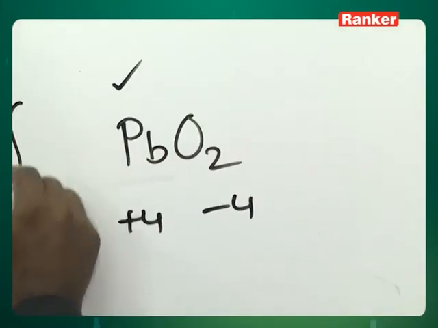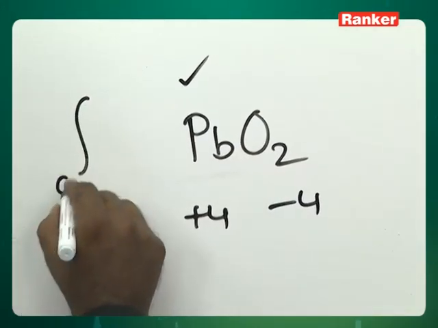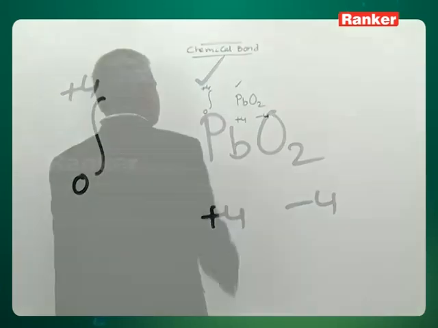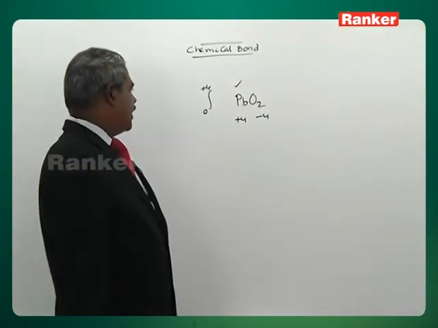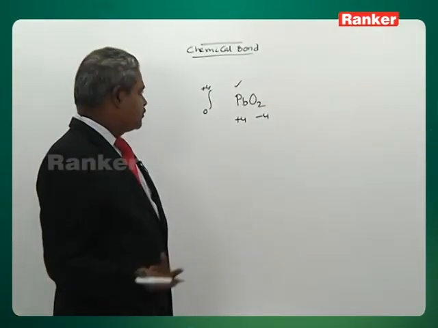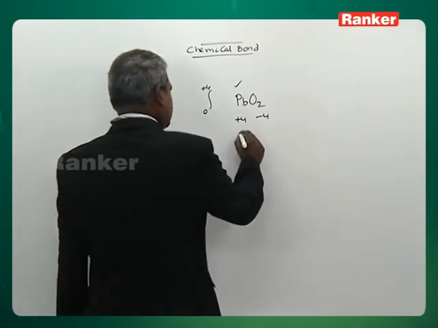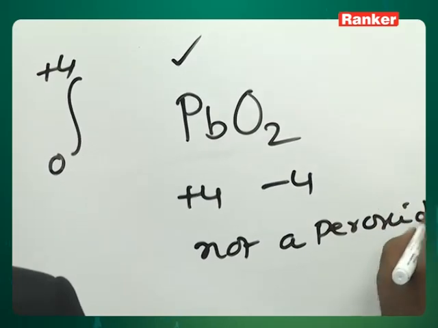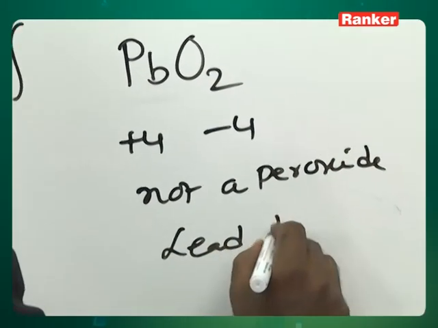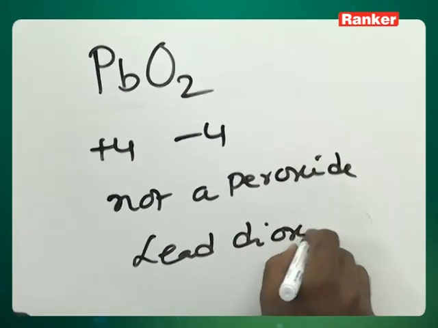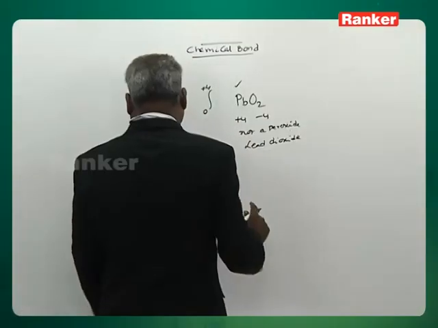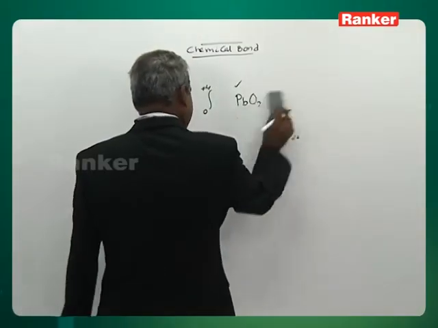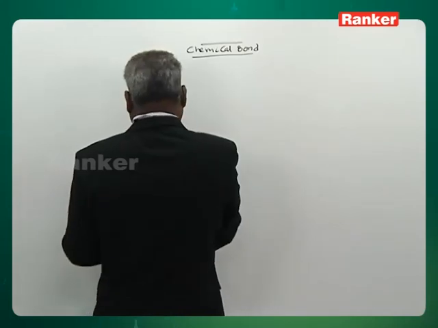Okay, because lead belongs to the fourth group. Lead being a metal, 0 to plus 4 is okay for lead. Therefore, plus 4 is okay. Therefore, once again, not a peroxide. So, what will be the name? Lead dioxide. Like carbon dioxide, lead dioxide, silicon dioxide, germanium dioxide.